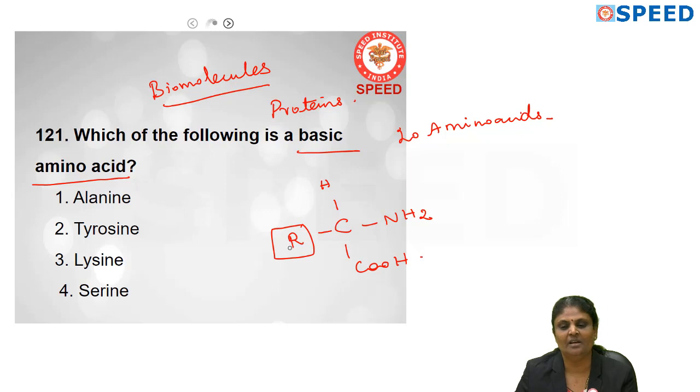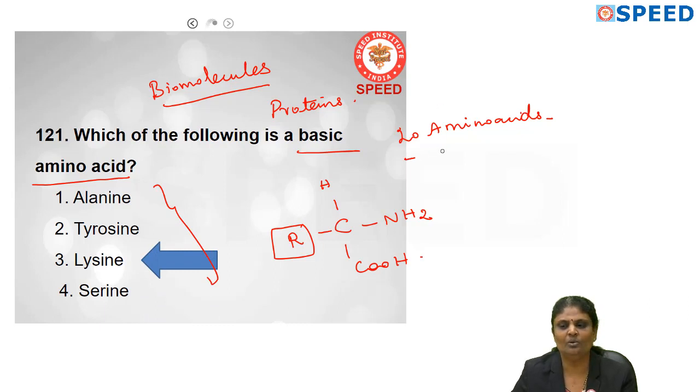And if the R group is aromatic, that means aromatic amino acid, for example tyrosine and phenylalanine. If the R group is heterocyclic, that is tryptophan. But here your question is basic amino acid. Here the options are alanine, tyrosine, lysine and serine. I think lysine is the correct option.